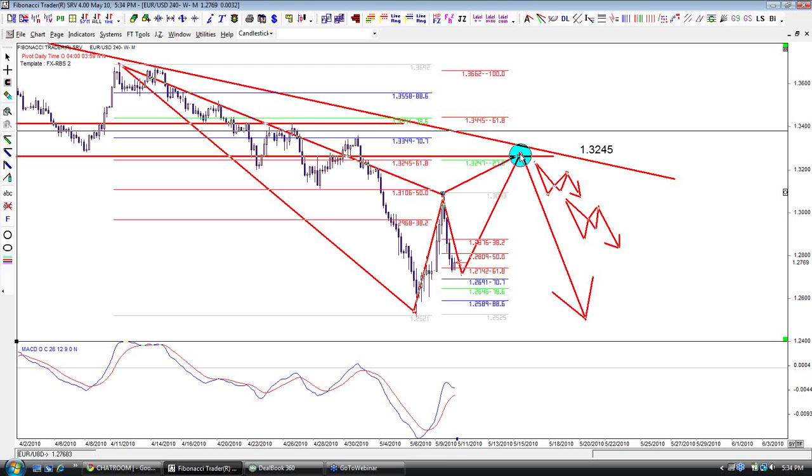And right now what we have on the fundamentals is that Europe has pretty much decided on a bailout plan, and they will need about $1 billion in loans to help and bail out those countries.